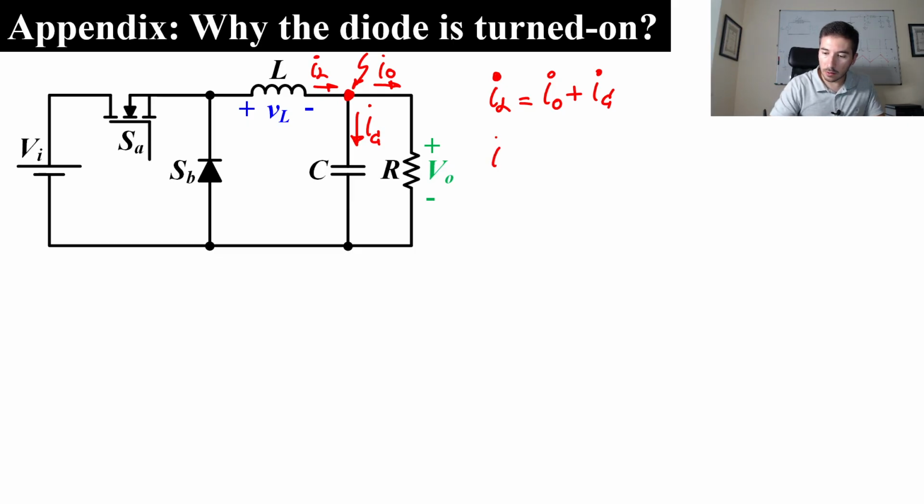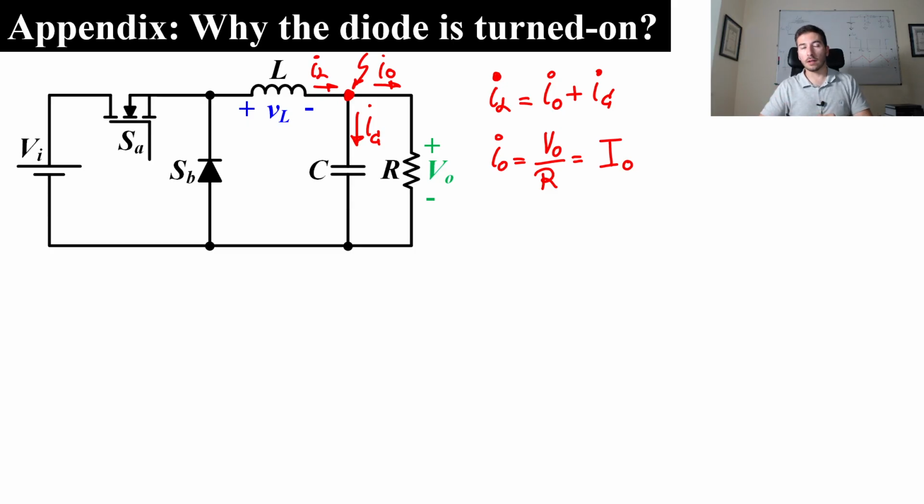Io is Vo divided by the resistance. Here we take into account Ohm's law. So if Vo is constant and the resistance is constant, the output current is also constant. I will use this notation, capital Io.